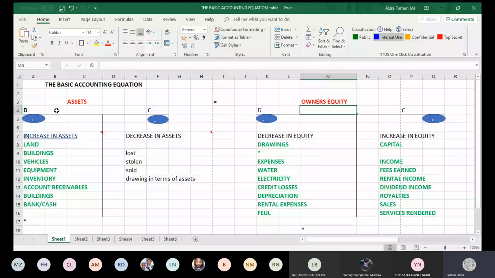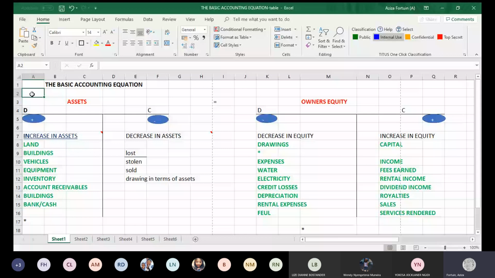We normally say I debit either one of these when I acquire an asset, on acquisition. And we normally say I'm crediting my asset if I lost my asset, if my asset was stolen, sold, or in drawings.